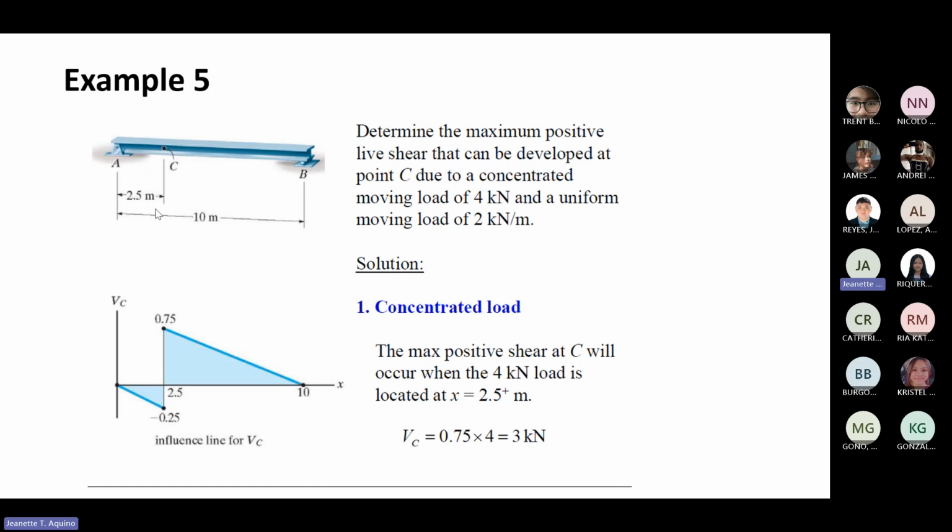Even though the beam length here is different, we can still use the shear influence line of the simply supported beam discussed earlier. So it is 0.25 and 0.75. This will be the influence line for shear at point C.